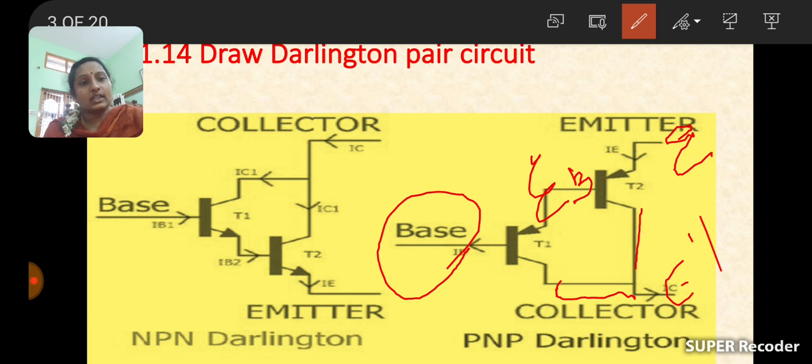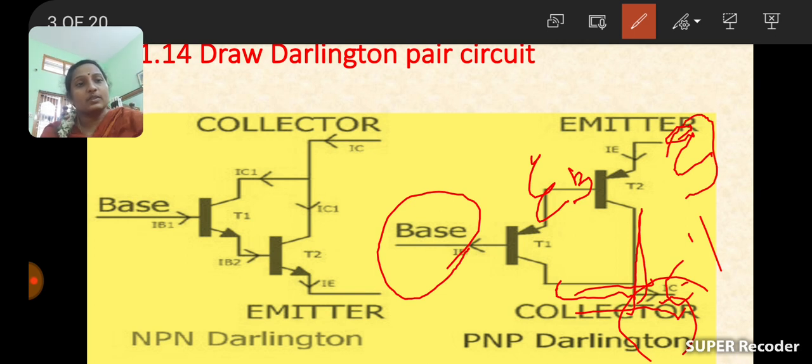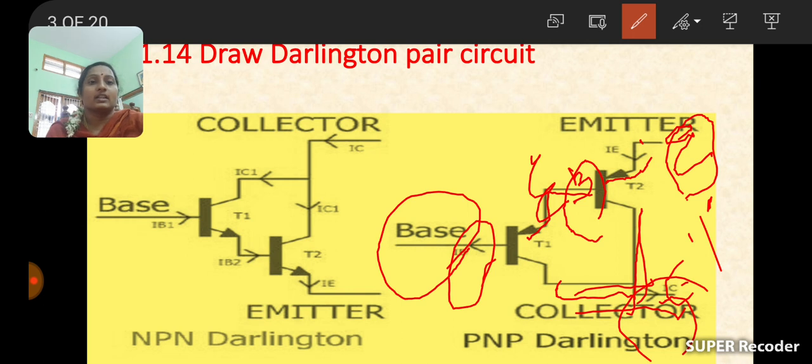And see here, collectors of both transistors T1 and T2 are connected together. The voltage applied here must be given to our transistor T2. The amplified version is produced across the base, and then the output of T2 is connected to the T1 inputs, and finally we get the output across the base of T1.